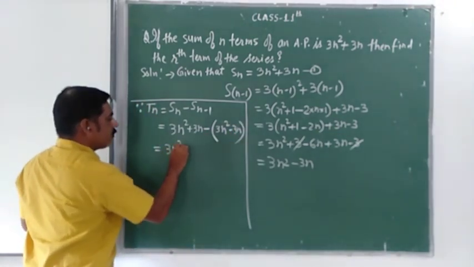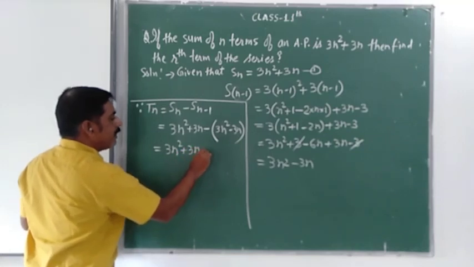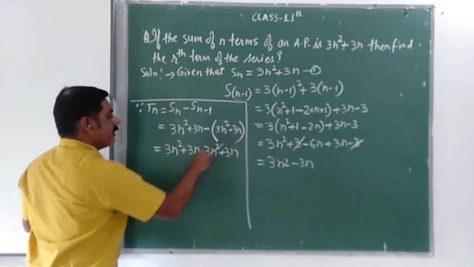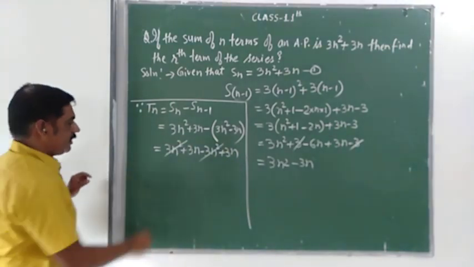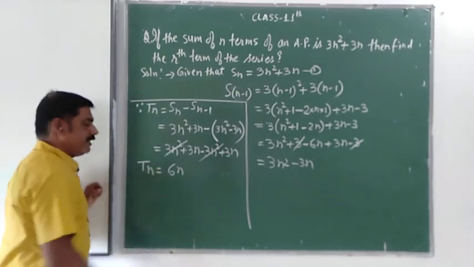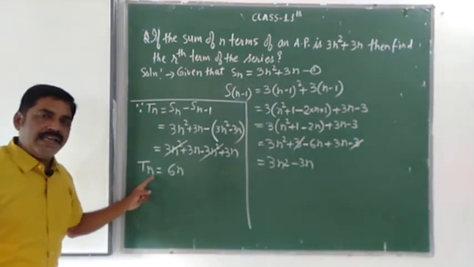So 3n square plus 3n minus 3n square plus 3n. 3n square cancel. So we have 6n. So this is the value of nth term.